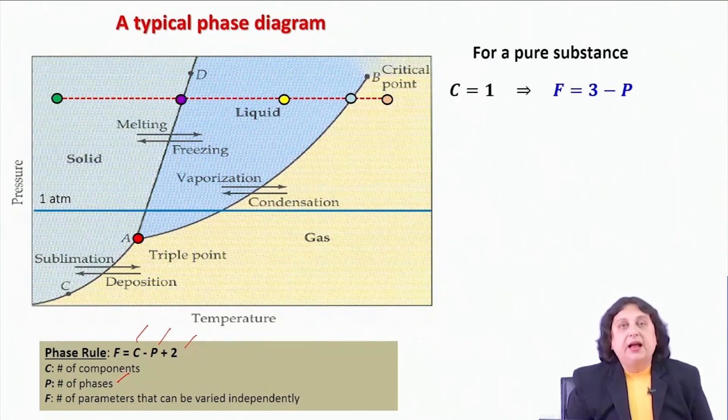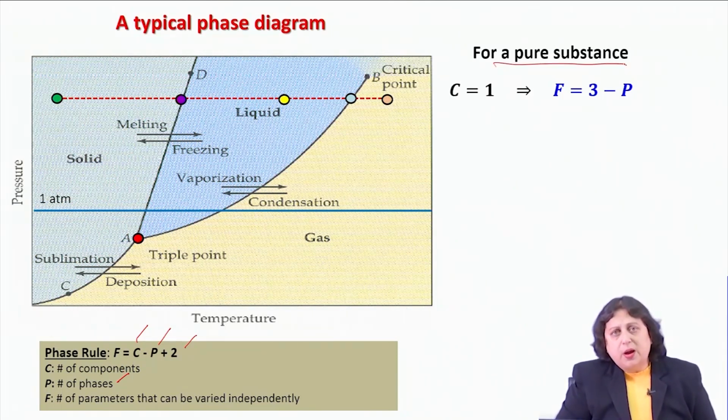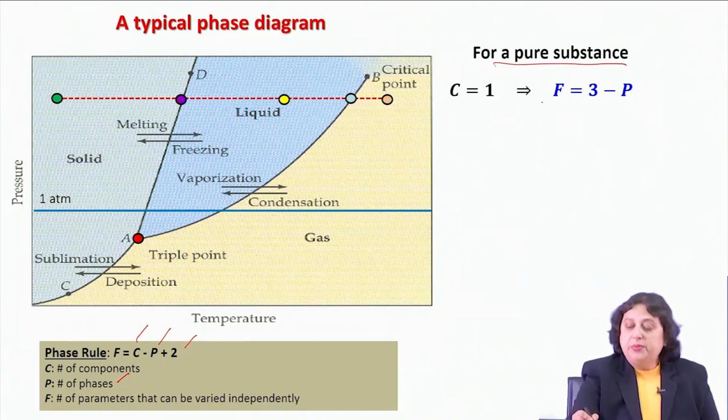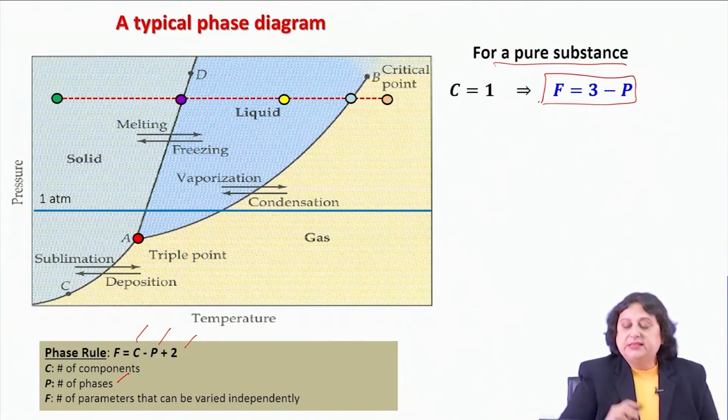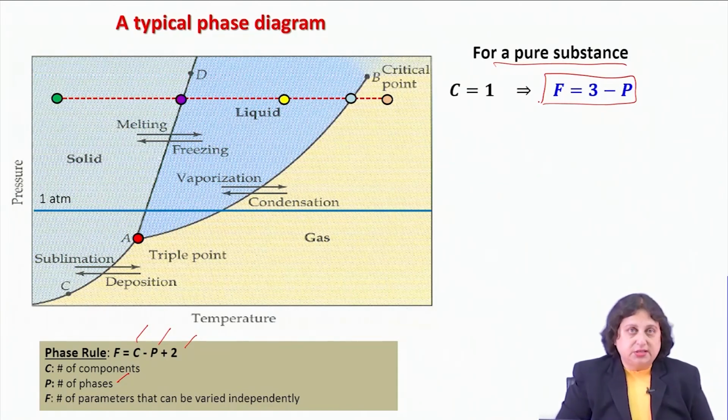Now let us have a very nice simplification. For a pure substance, how many components do you have? You have only one component, and therefore the phase rule can now be read as F = 3 - P, where P is the number of phases that exist for this pure substance under a given condition.